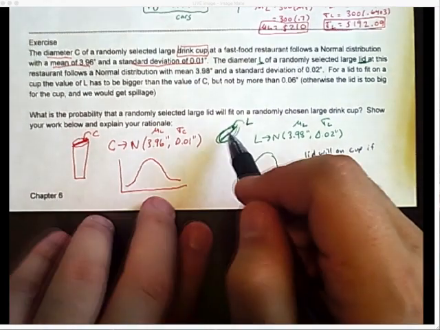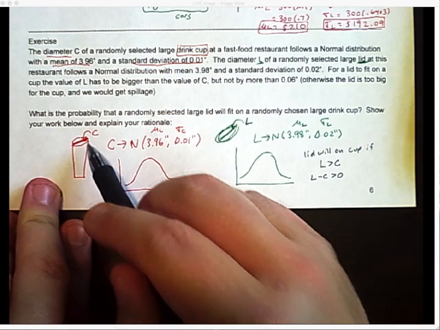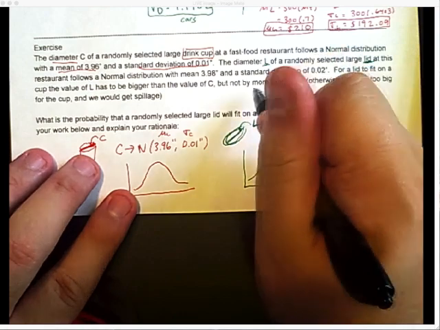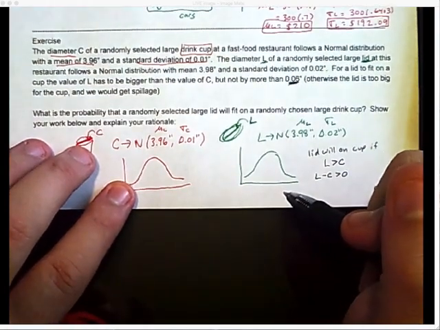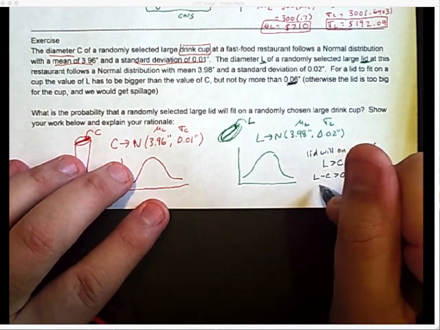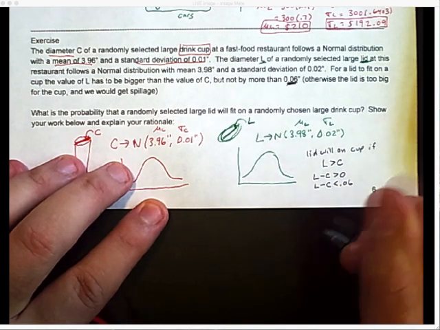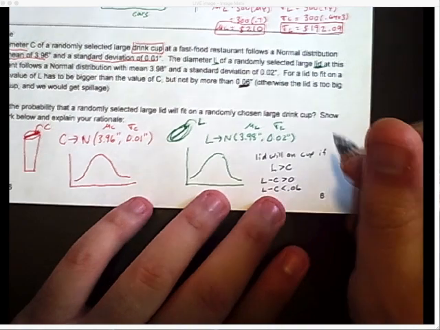But if this is too big, then when you put it up to your mouth, the lid's going to fall off. So it can't be more than 6/100ths of an inch. So L minus C has to be bigger than 0, but smaller than 0.06. Another way we could say this is, let's define a new variable.